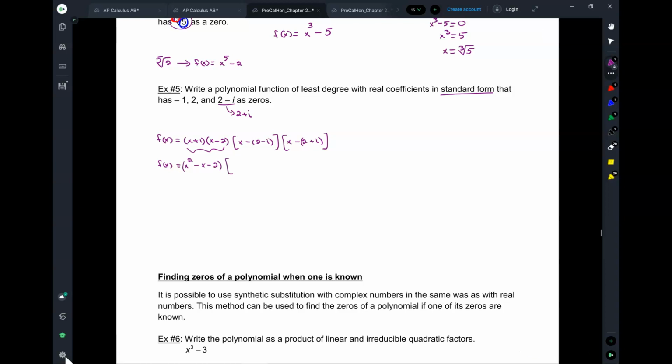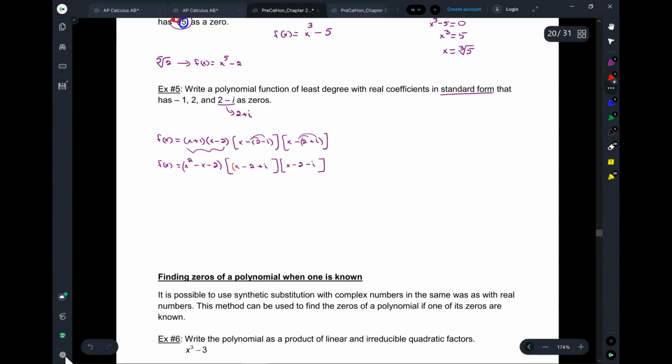Here, I'll show you an easier way to do this. We're going to distribute these negatives. So this one is going to be x minus 2 plus i, x minus 2 minus i. And then we're going to put the parentheses over here around the x minus 2.